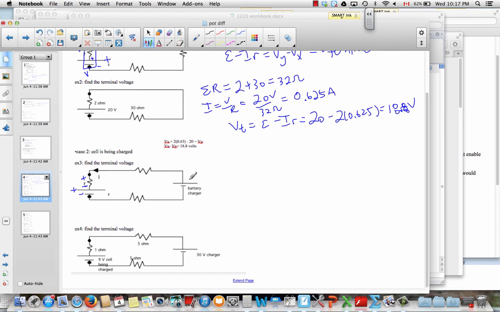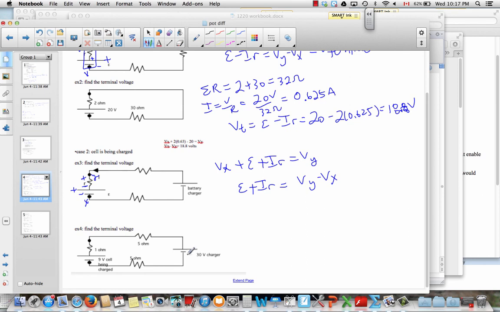So now, once again, if we consider the points X and Y, X being at this end and Y being up here, walking from X to Y, you would gain chemistry voltage E, you would gain energy across the internal resistance, and then arrive at the other terminal. So if you find the voltage difference across the two terminals, you get chemistry voltage plus IR.